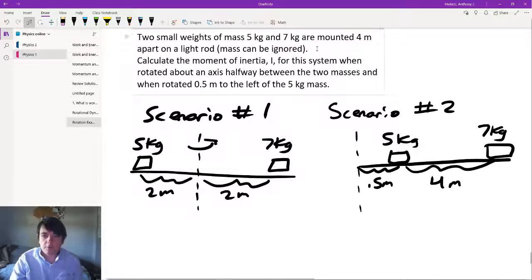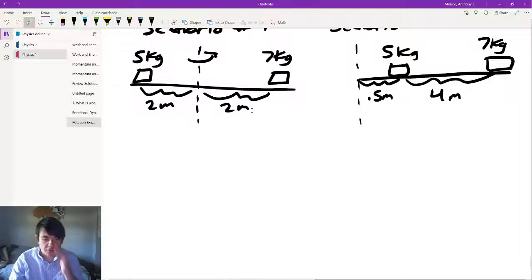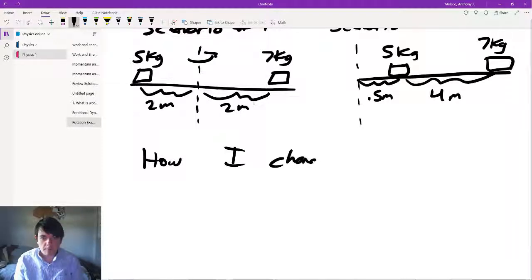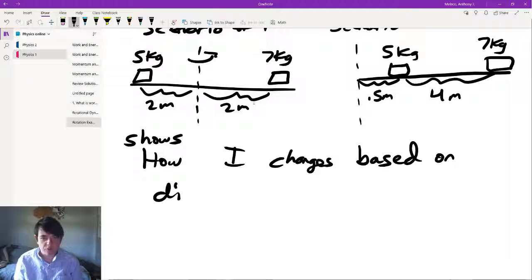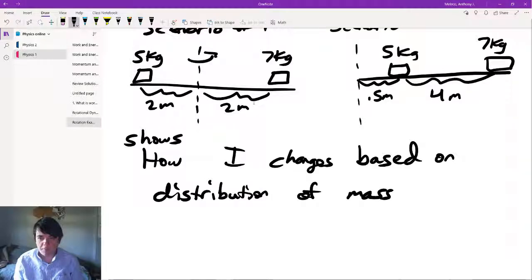Cool. So these are our two scenarios, and this will show you how I changes based on distribution of mass.